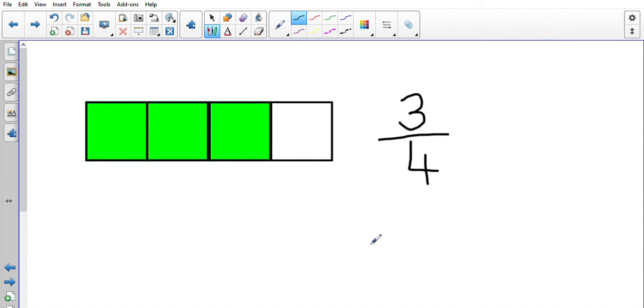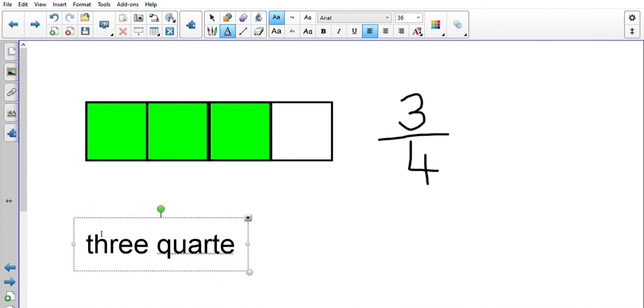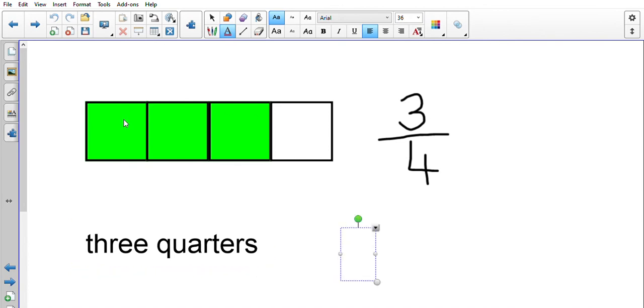Have a guess. What do you think we'll call this fraction? Fantastic. It's 3/4. So if we were typing it, we would write 3/4 because 3 out of the 4 pieces are shaded.